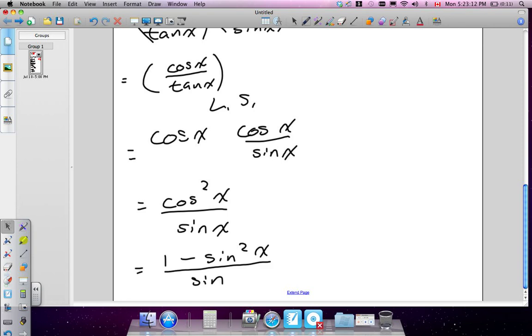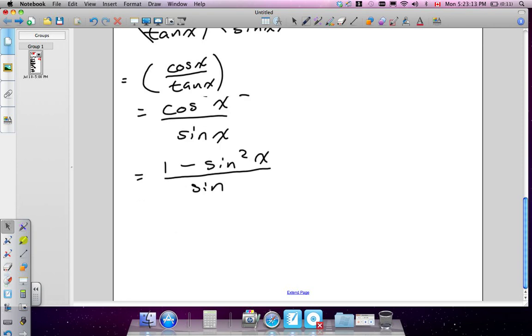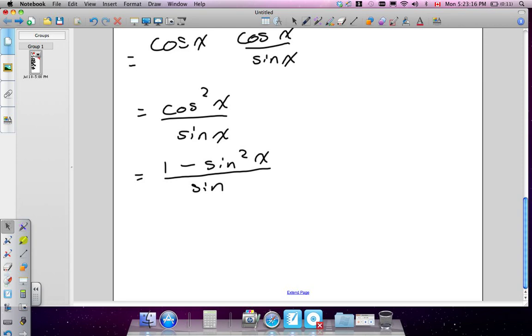Okay? So now, here's the tricky part. What happens here can be two different questions. This can say 1 divided by sine x, subtract sine squared x divided by sine x.